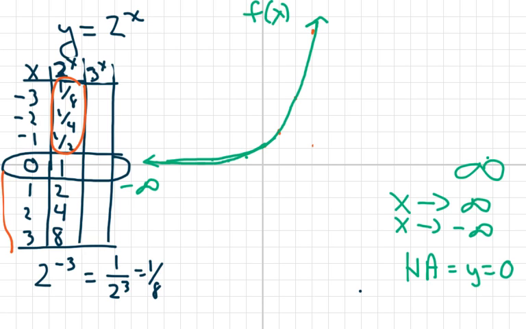Now if we do 3 to the x, we're going to get the same thing, but it's basically anything to the 0 power equals 1. So if I do 3 to the 0, that's going to be 1. So we still have the same y-intercept. But when we do the negative 3, that's 1 over 27, 1 over 9, 1 over 3, and then we're going to get 3, 9, and 27.